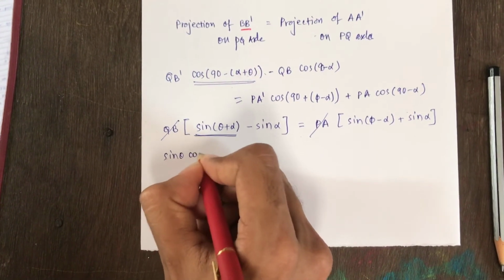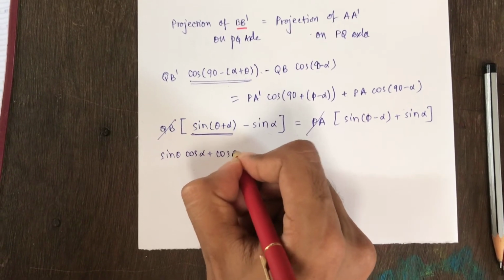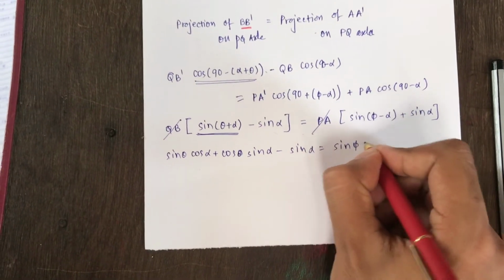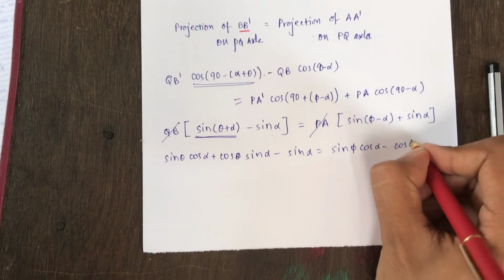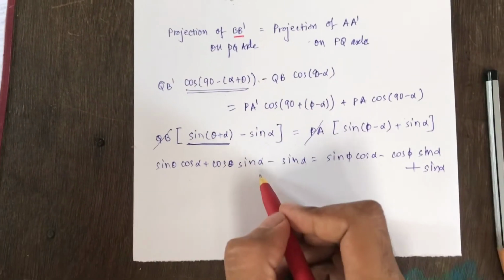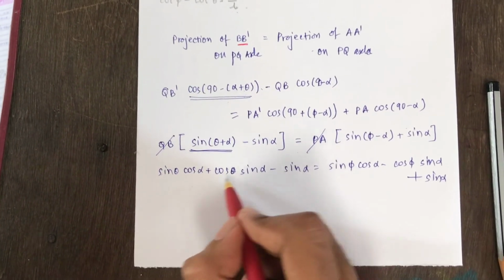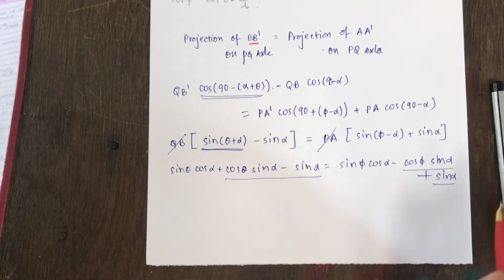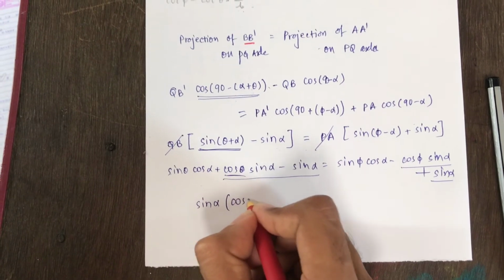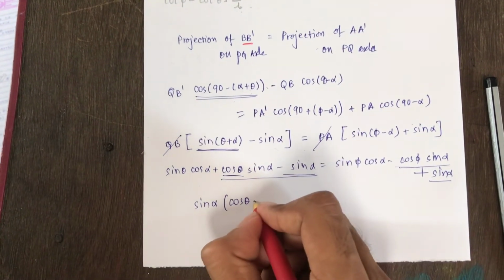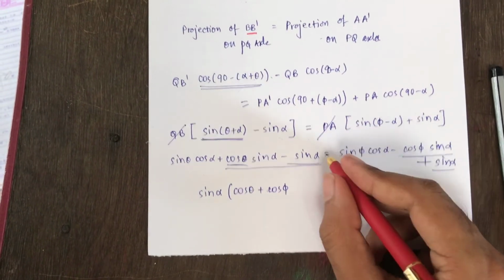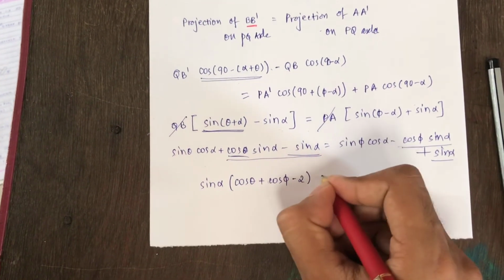So that will be sine theta cos alpha plus cos theta sine alpha minus sine alpha equals sine phi cos alpha minus cos phi sine alpha, again plus sine alpha. Let us take sine alpha common from these terms, so that will be sine alpha, here cos theta is remaining, here minus 1, here cos phi is remaining, but when it comes over here it is plus, minus 1 and plus 1, plus 1 will become over here, that is again minus 1, so minus 2.